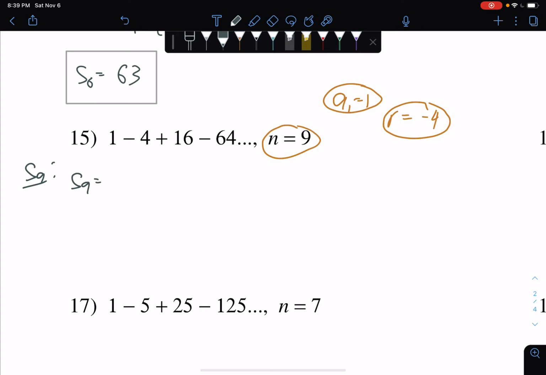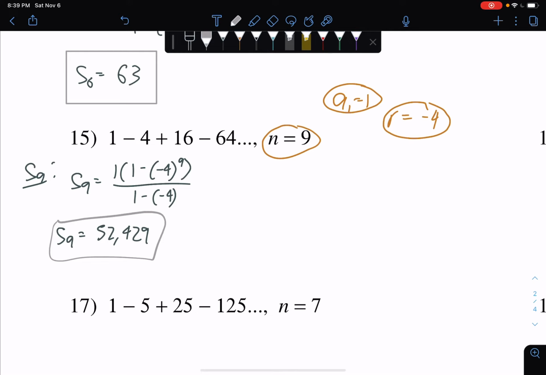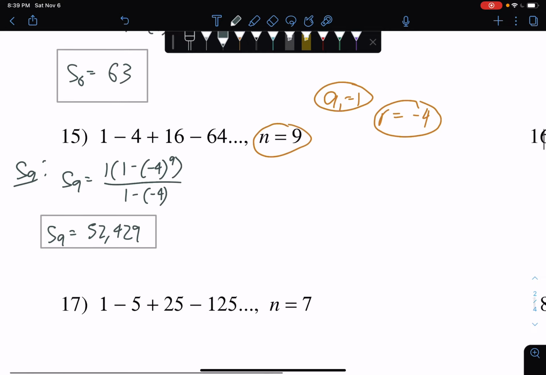S of 9 is equal to 1 times the quantity 1 minus r raised to 9 divided by 1 minus r. S sub 9 is equal to 52,429. There you go. Alright, let's move to number 16.